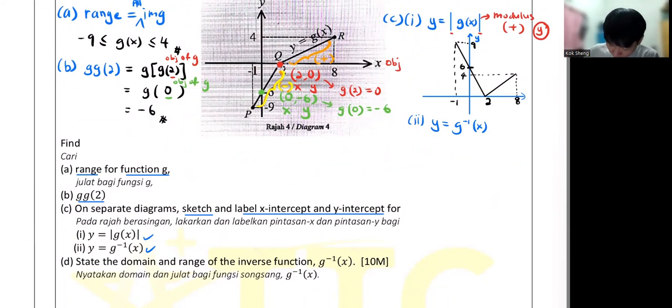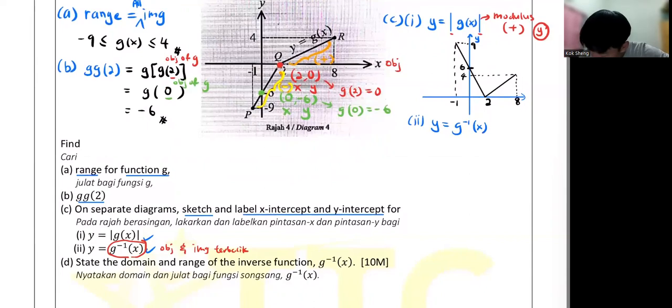So repeat again for the graph of the inverse: all your object and image are swapped. Remember just now how we drew it? We swap the object and image, and we have to draw y equals x to do the reflection.